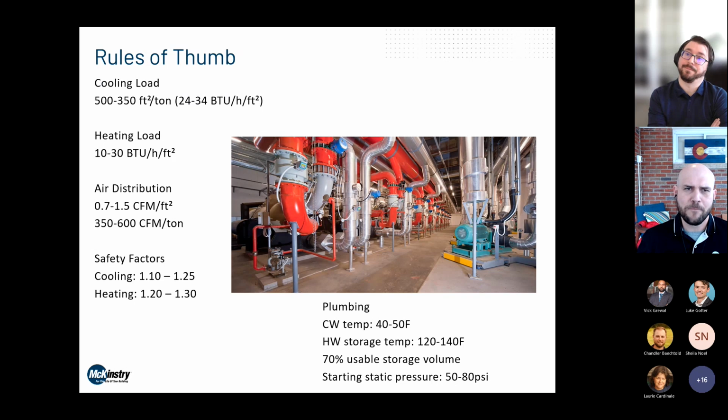So, let's get into some rules of thumb. Cooling loads are often measured in square feet per ton, and more square feet per ton is a smaller load. So it's a little bit backwards, but 500 square feet per ton is not uncommon. 350 square feet per ton is a pretty high load. That might be something you see at an operating room in Miami or in the Caribbean, where there's a lot of load and a lot of air turnover required.